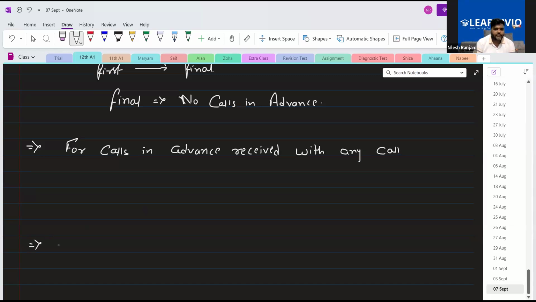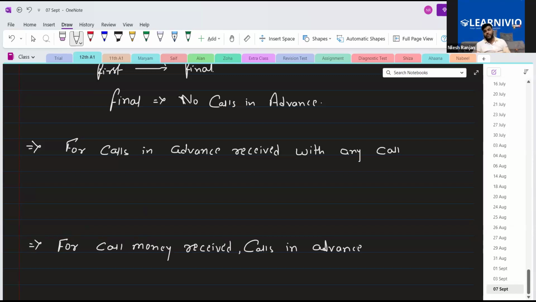And the second is for call money received, calls in advance adjusted. So these two conditions. First, we will receive calls in advance, and when that call becomes due, it will be adjusted. So when we receive, it will be cash or bank account debit.